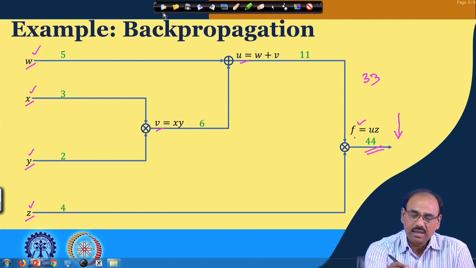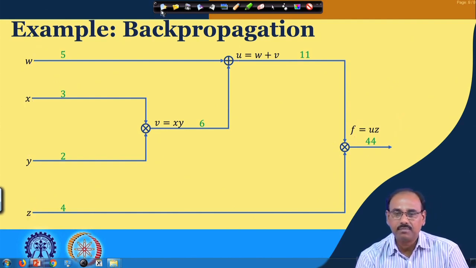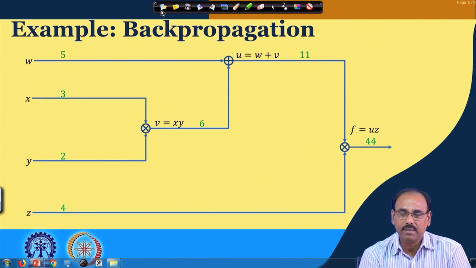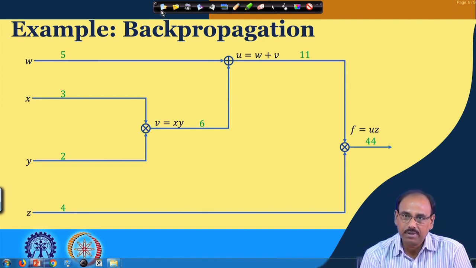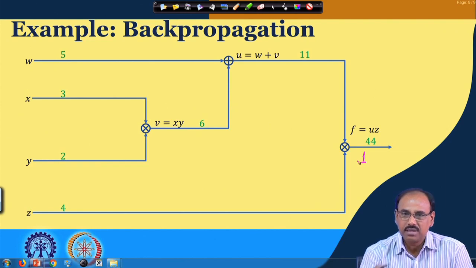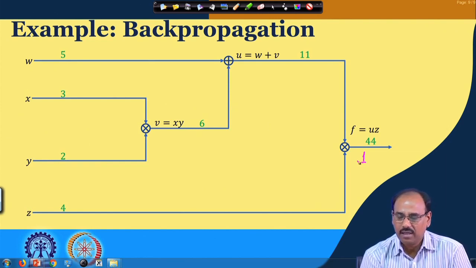So, now let us see how this gradient, in the backward direction, can be computed again using the chain rule. For doing this, I assume the gradient that you get at the output is say 1. Then assuming this, how it is propagated in the backward direction.